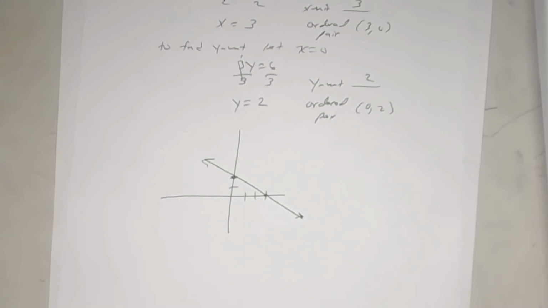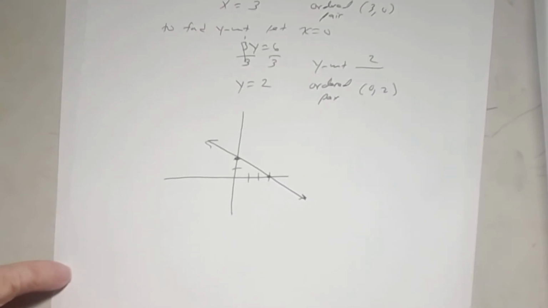All right, now, on one of the problems in your math lab, you'll see something that looks like this. Let's do 34. x is equal to negative y.